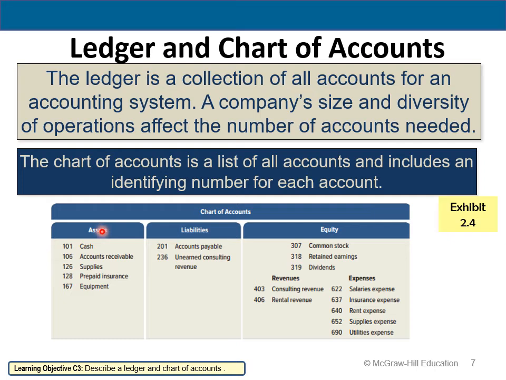So in this particular system, assets start with 1, liabilities start with 2, and then equities start with 300 or higher. All right. If we have a 400, we know that's a revenue, and if we have a 600 numbering, that's an expense. Now, not every system uses these. This is just offered as an example of a common numbering scheme.